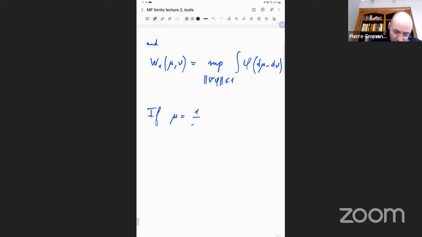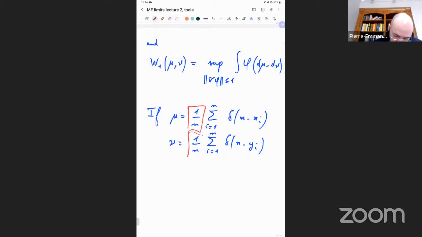So let's say that mu is a sum of Dirac masses, right? And let's say that nu is also a sum of Dirac masses with the same number, the same n, and that's very important if you want the expression below to be correct. Then in that case, we can calculate relatively easily the Wasserstein distance.